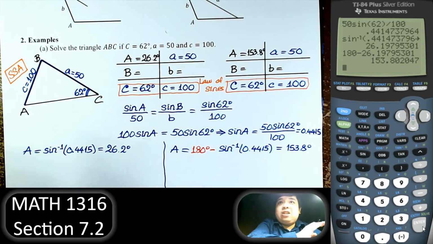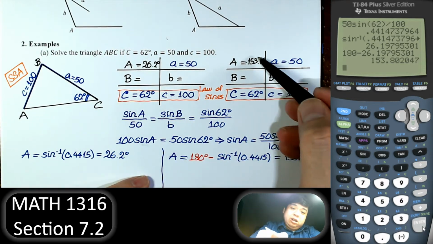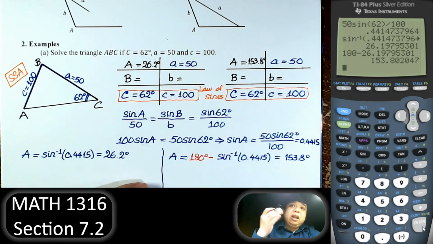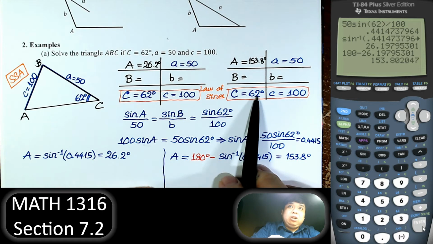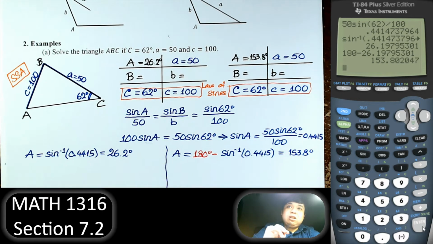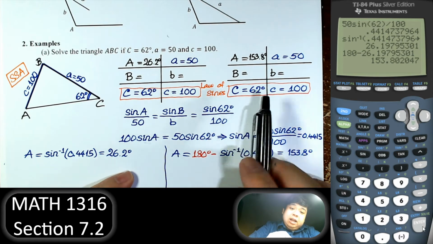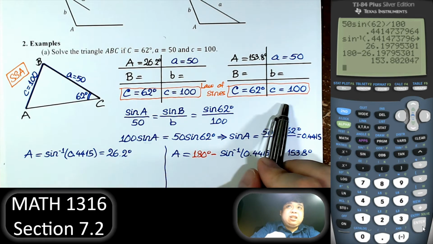Right. At this step, we know it's not going to work. For one, the angles add up to 180 degrees, and this is more than 180 degrees already. That's not going to work. Second, this angle is bigger than that angle, so this side should be bigger than that side, which is not the case here.